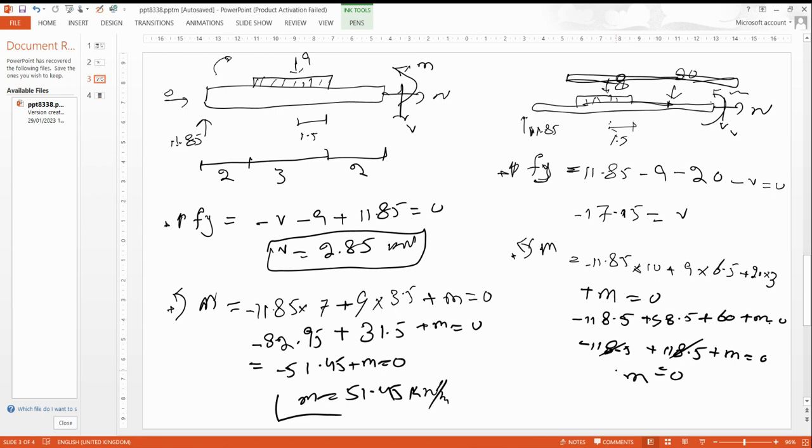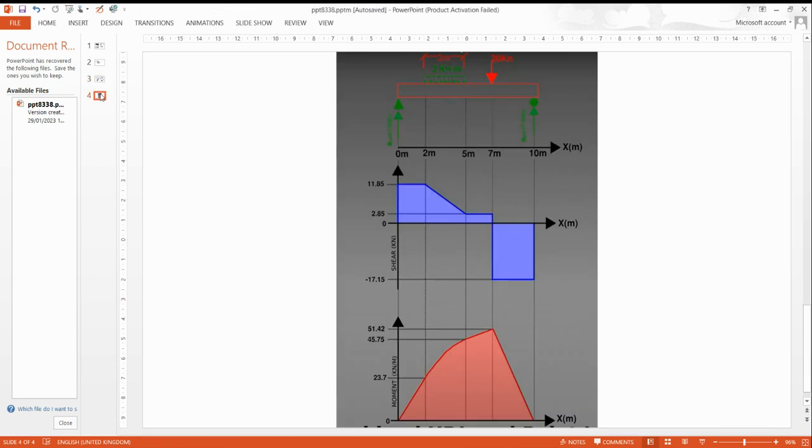So let me draw the shear force and bending moment diagram of these values which we got from the equations. Check this picture. So here is the beam. Here is 11.85, so it's going upward, and here is 17.5, so here is negative 17.5.